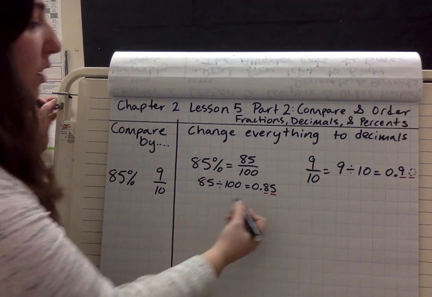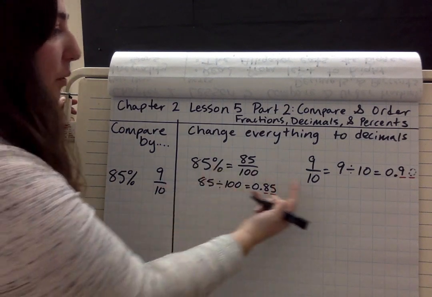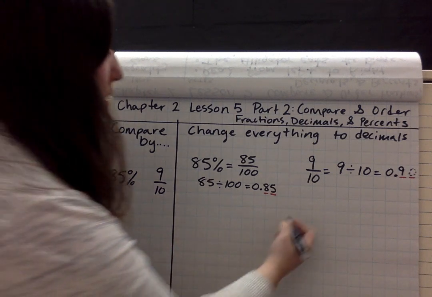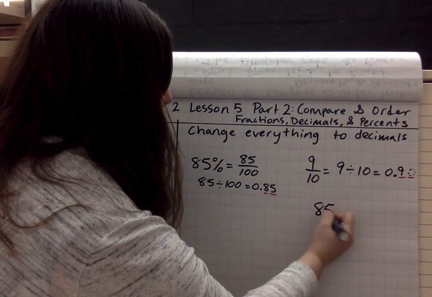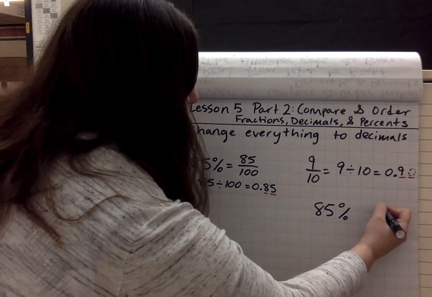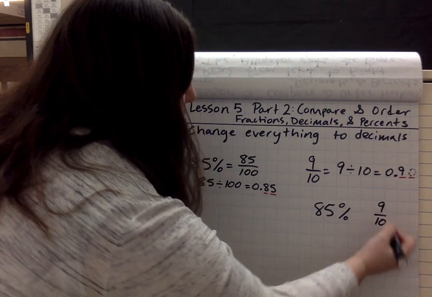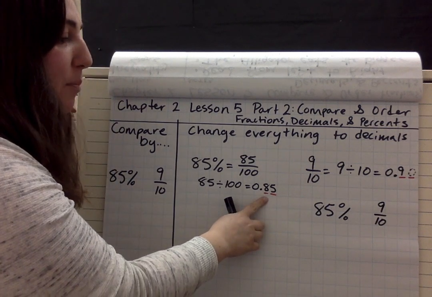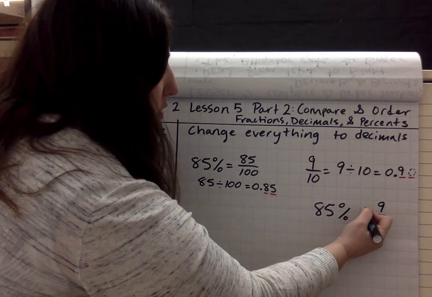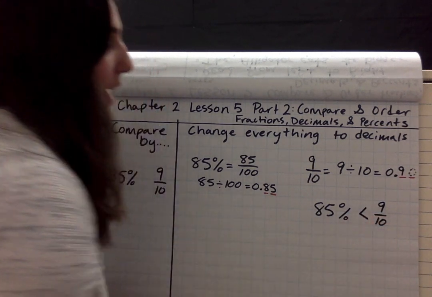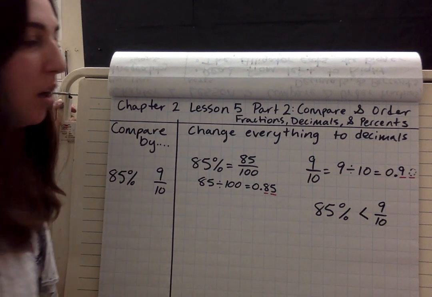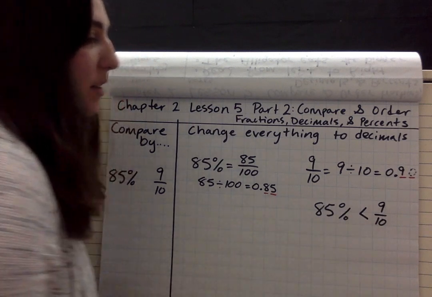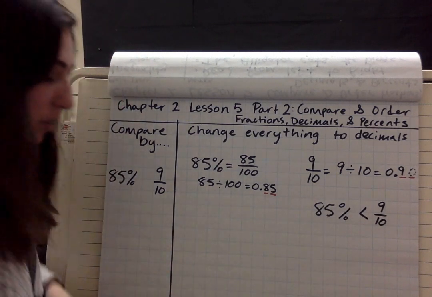So if we put it back into their original forms, because we always want to use their original forms when saying which is larger, we'd have 85% and 9/10. And we know that 0.90 is greater than 0.85. So we're going to use that inequality sign. Okay, so this is saying 85% is less than 9/10. And that's our answer.